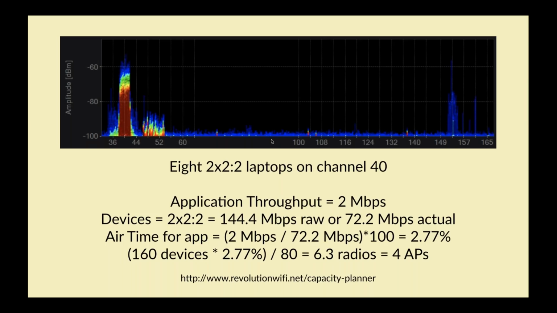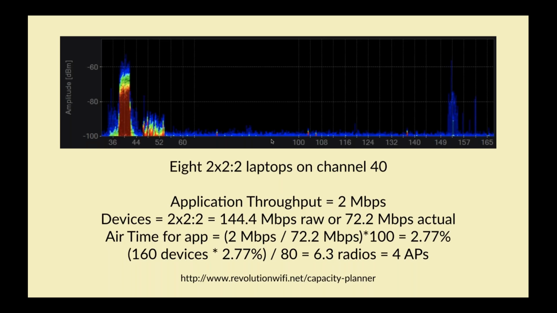Part of that Chromebook experiment was that each student had to take an examination on the Chromebook and download audio files as part of the test. So I captured the spectrum because I wanted to show what that looked like with 8 laptops. That's what the 2x2 2 is: 2 transmit, 2 receive chains, and also 2 spatial streams.